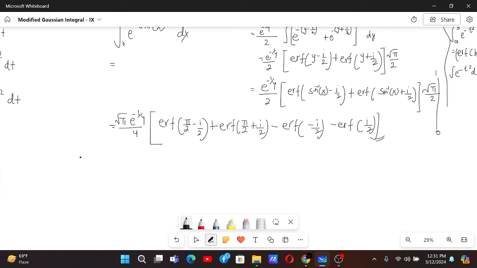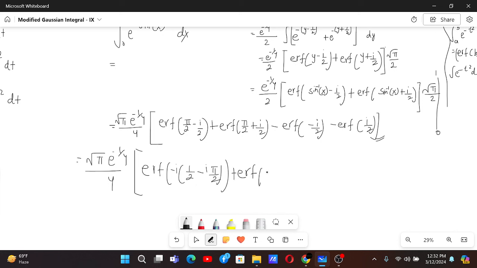So root pi by e to the power minus 1 by 4, over 4. I can basically write this as R of minus I, 1 by 2 minus I pi by 2. And this will be R of, if I take I common, 1 by 2 minus I pi by 2.